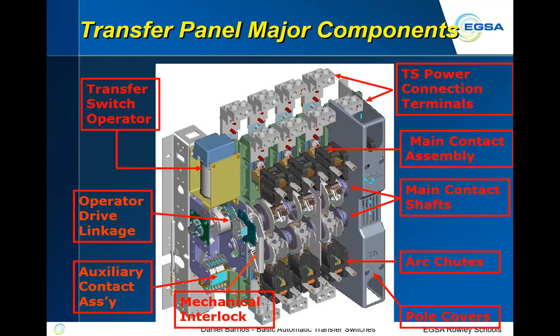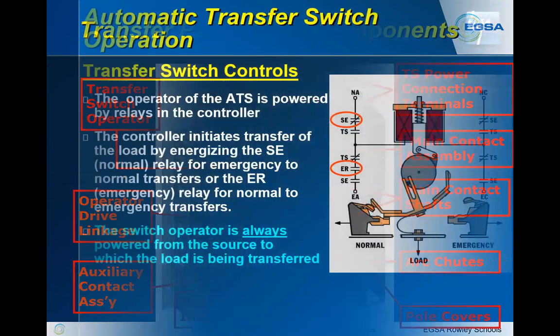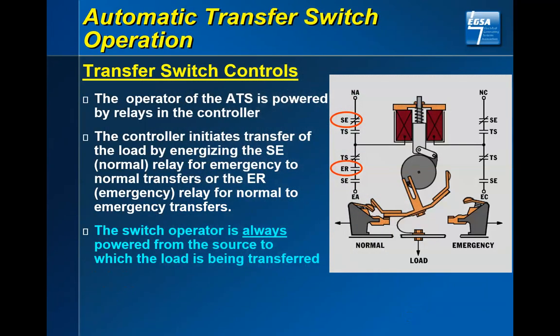Obviously, you're not supposed to open up an energized piece of equipment without proper PPE, your personal protection equipment. So you look at it here, the transfer switch operation. This is just a breakdown of it. The way it goes is that solenoid, when it drops the SE to the ER, is dropping out the normal power and energizing the emergency power.